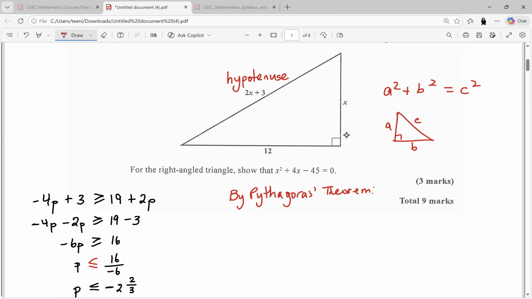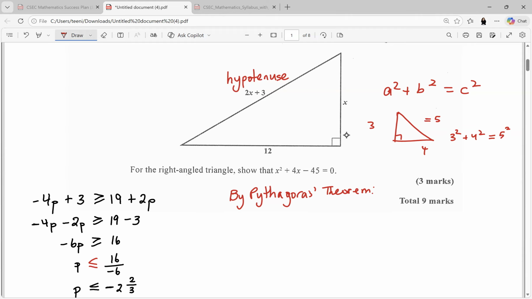For example, if the hypotenuse was 5, and the other two sides were 3 and 4 respectively, then by Pythagoras' theorem, 3 squared plus 4 squared will be equal to 5 squared, right?